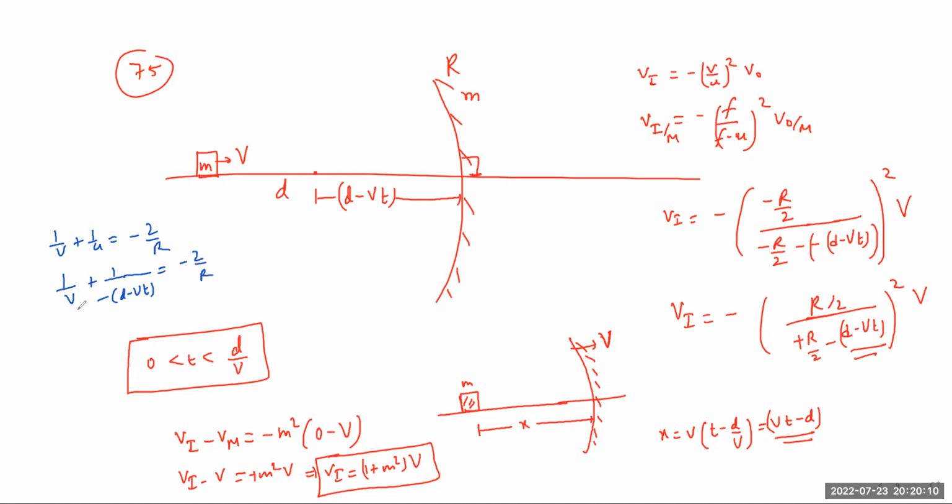See, v is unknown, so we don't write minus or plus. We can just leave it like this, and then substitute the rest. Yes sir. Just stick to the sign convention and you will not make any mistake.